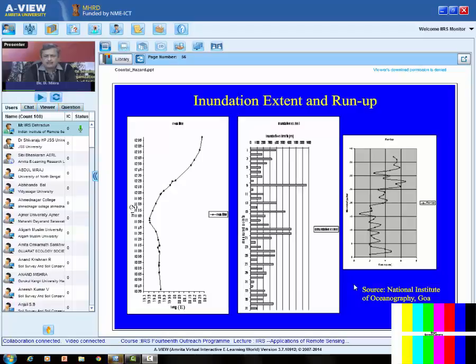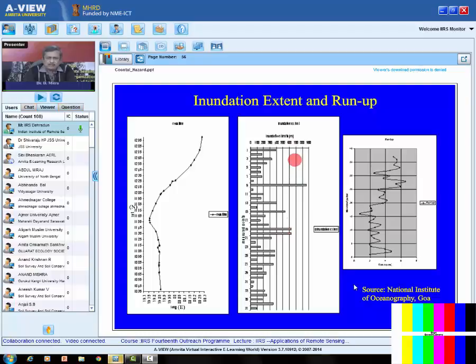Some field work we did just after the tsunami in the Nagapattinam region, to see how much area had been inundated. You can see there are various kinds of stations, 1, 2, 3, 4 like this. So what is the inundation limit? How much water has gone? How is the penetration inside? Some are even 1 kilometer, some are 500 meters, 700 meters.